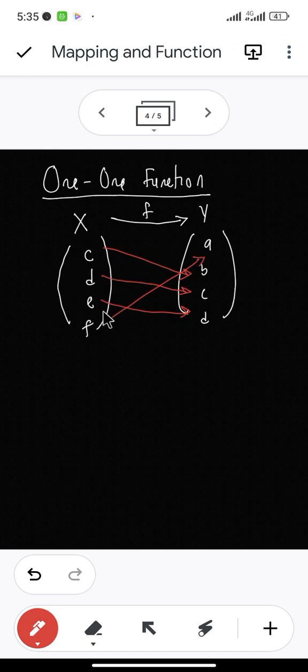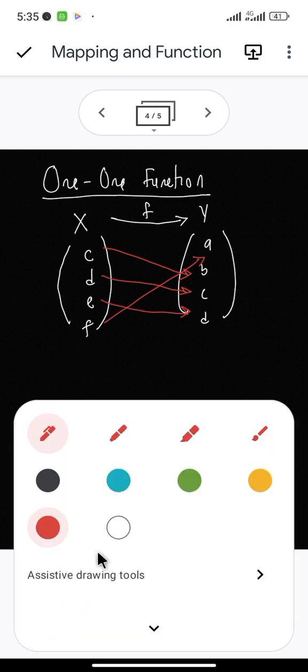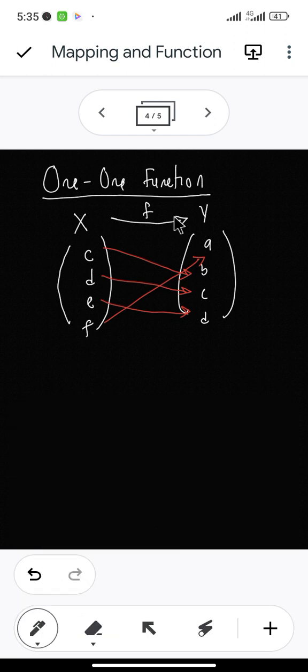What do I mean? Remember when we talked about true mapping and we said the images in the codomain can have two elements linked to them, you understand? So let's say we have C, D, E, F.